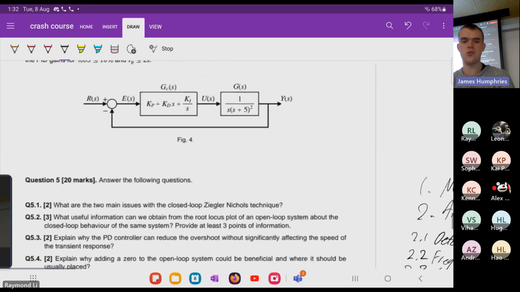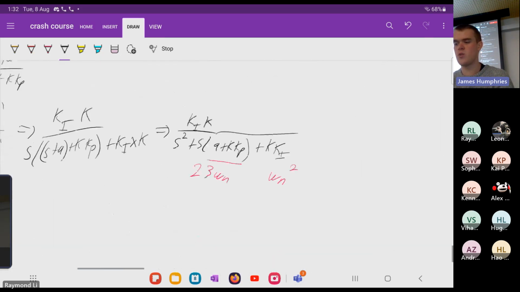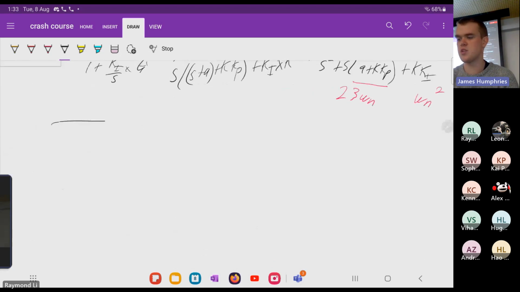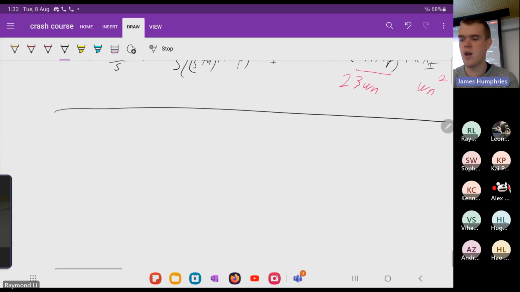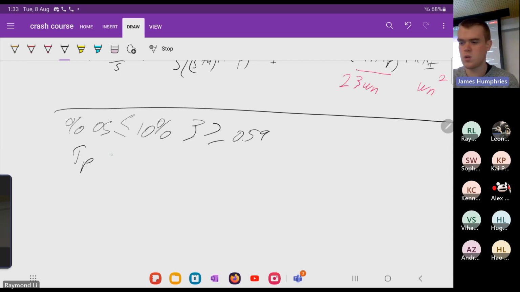Okay, so the first thing you want to do when you get a question like this is get the setup information. What do we actually need? We have a percentage overshoot, and we are told that it must be less than or equal to 10%, which allows us to find a zeta value greater than or equal to 0.59. Then we have a peak time less than or equal to 2 seconds, which tells us that omega n must be greater than or equal to 1.947.